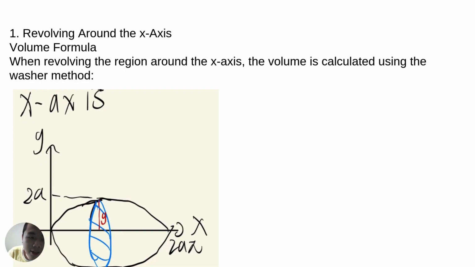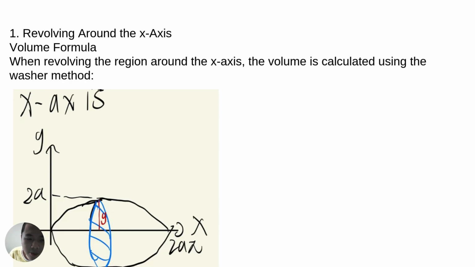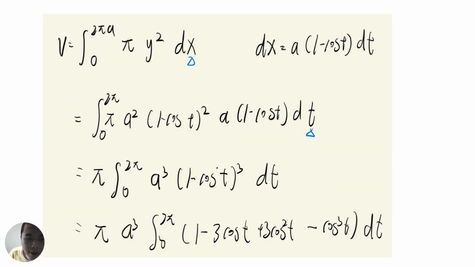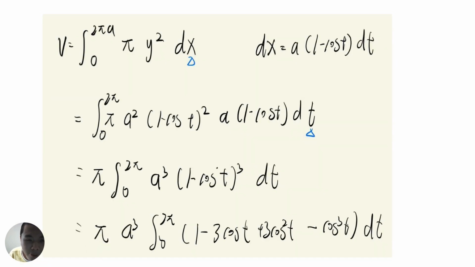Okay, let's first see the easier one, revolving around the x-axis. We can draw the picture first. We can see it like this. The blue one is just the cross section. It's a circle, so it's easy to calculate, and we can integrate from 0 to 2 pi a for x, of pi times y squared, as you can see in the red one.